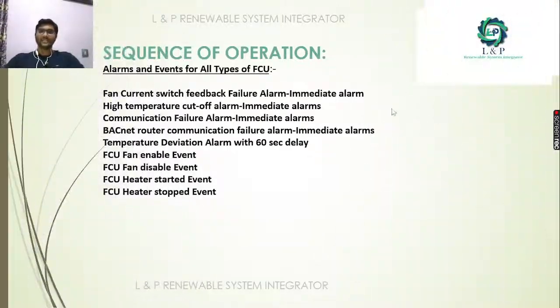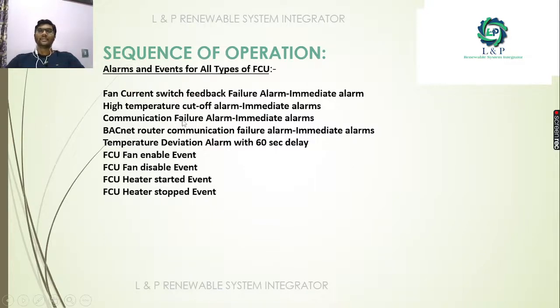these are the different alarms which we can set as a BMS engineer for the FCUs. If the fan fails to run, through the current transformers we can take the current relay signal, and if there is any high temperature, we can raise a high temperature cutout alarm. If there is any communication failure, we can go for the communication failure alarm.